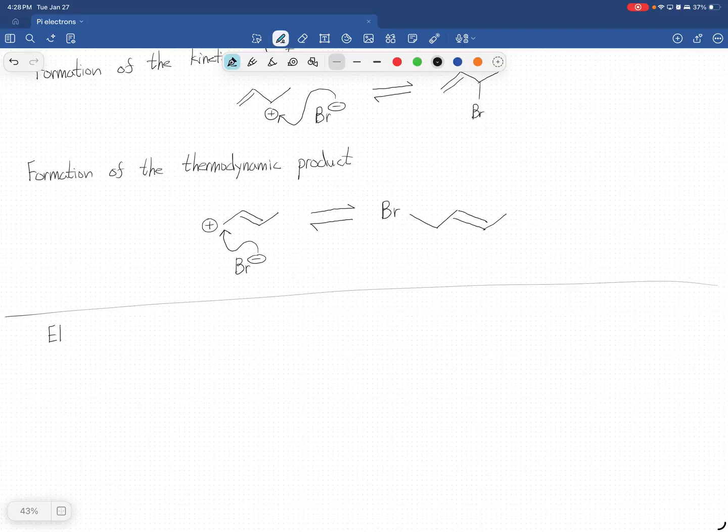Well, what if your starting diene is not symmetrical? Sometimes that can happen. So let's say electrophilic attack on unsymmetrical conjugated dienes.